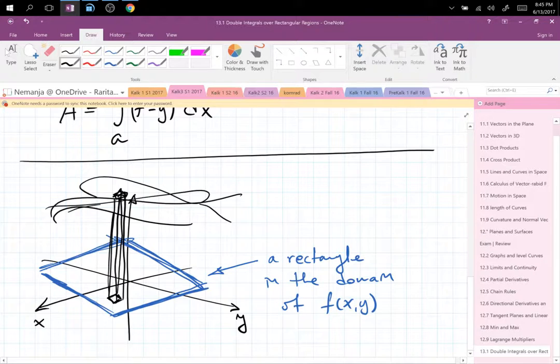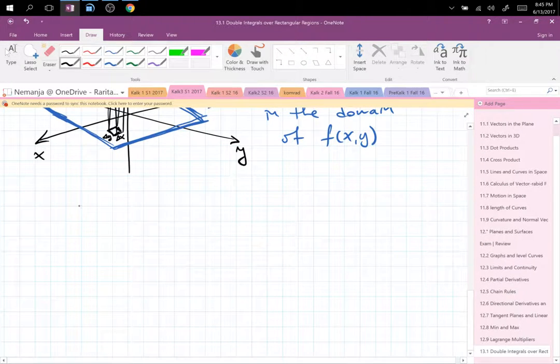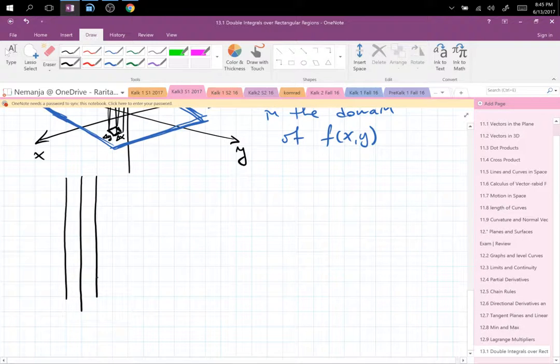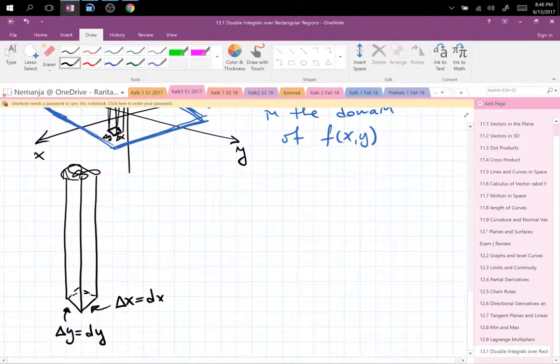Now this representative French fry will have delta x and delta y sides. So if I am to draw this representative French fry here, this would be your delta x, which is dx, and this will be your delta y, which is dy. And the top of this French fry will be whatever the function does on top.